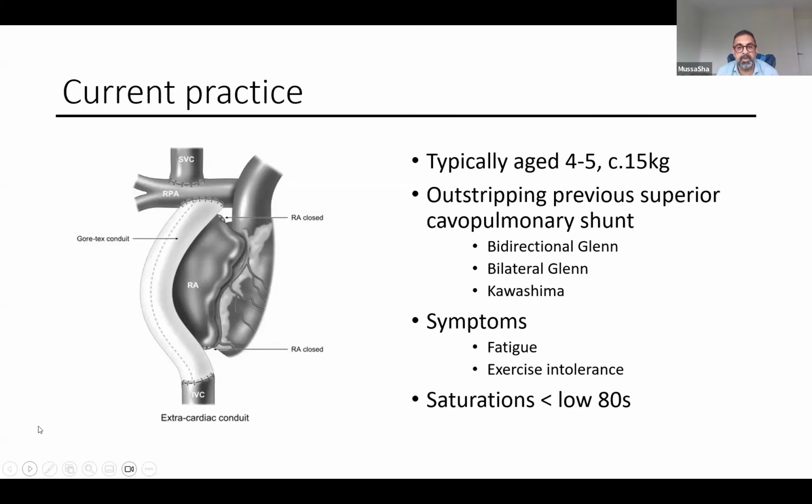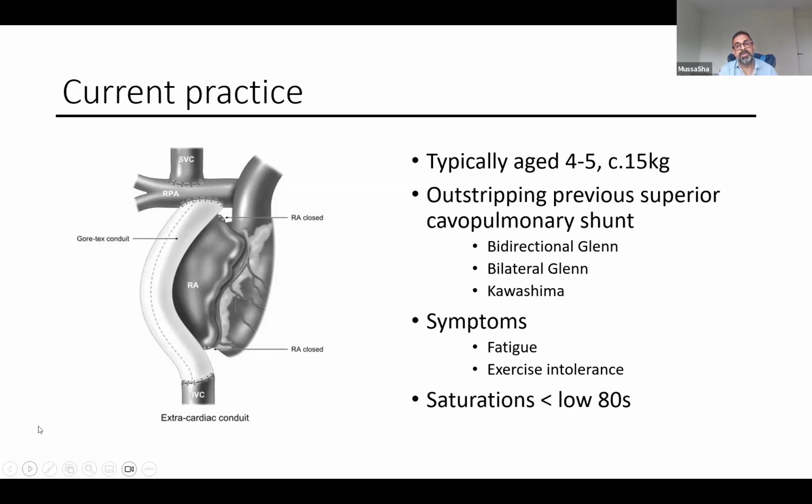And then you have a situation called a Kawashima, where there is interruption of the normal flow of blood from the IVC into the right atrium, in that the IVC has not been formed properly due to the cardiac condition, and actually the venous return from the lower half of the body is being directed through the azygos and hemiazygos veins into the superior vena cava, and therefore the majority of the venous return is actually coming into the heart from the superior vena cava.